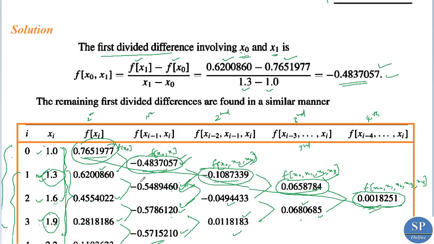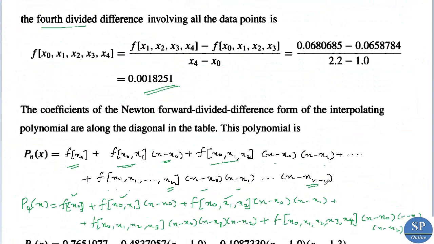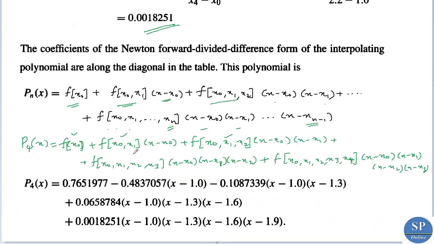So we are using only these diagonal entries in this table. Replacing that, we get this.